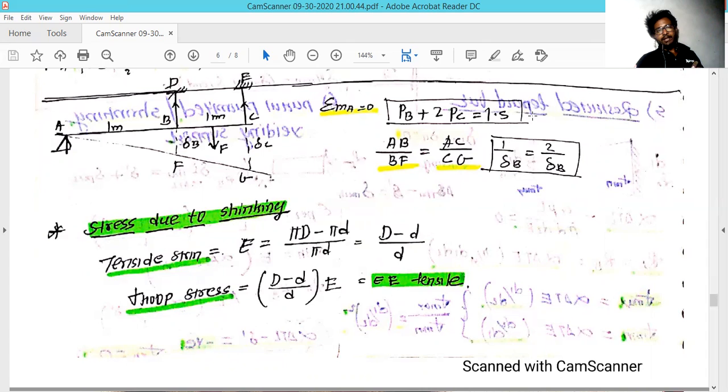The ABC has moved to the AFG position. Due to that force, the extension of the two cables, BD and CE, is denoted by BF and CG.